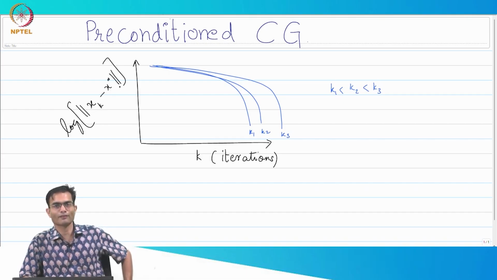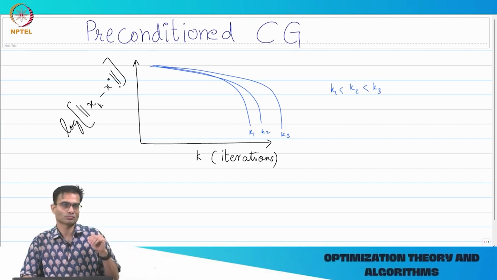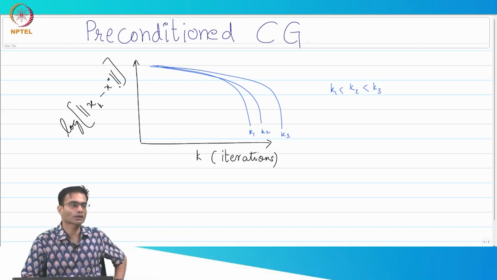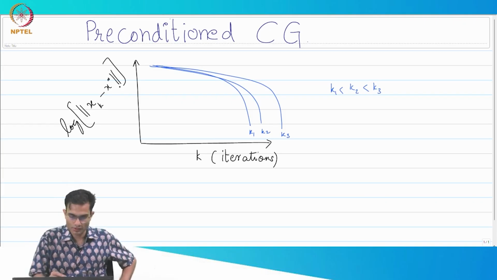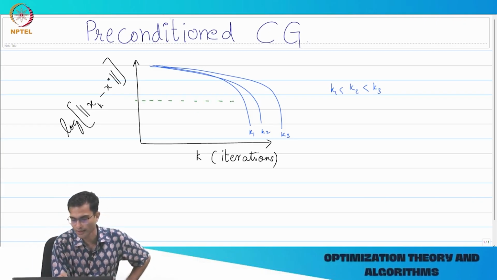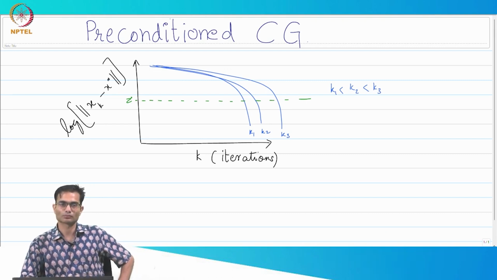For example, if I were interested in a certain threshold to stop my iterations, or a certain accuracy, that would be a horizontal line in the graph, right? Let us say that as long as I get an error below this threshold tau, I'm happy with my solution.